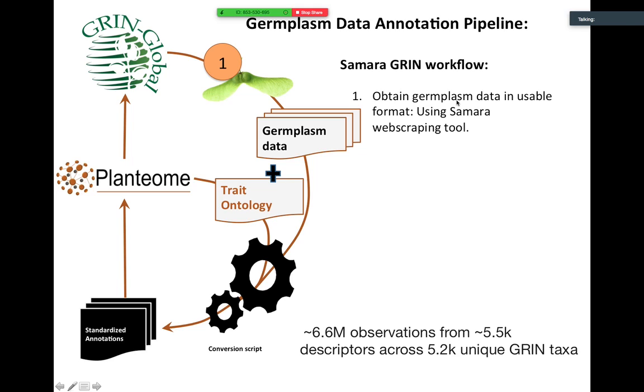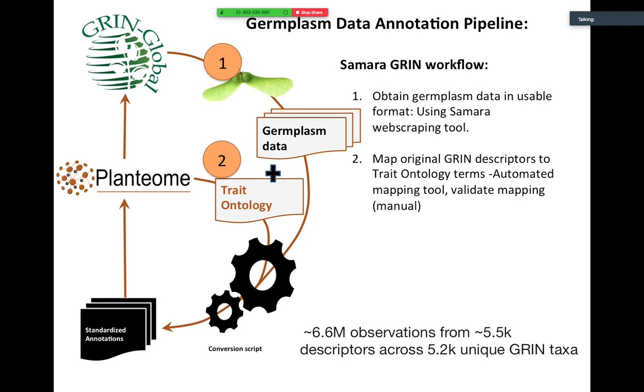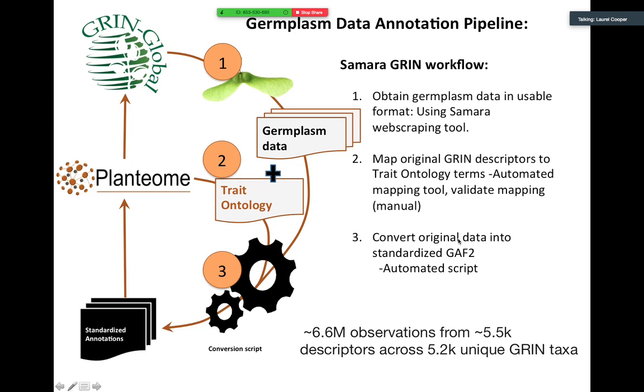So the germplasm data is scraped or collected from the web using the Samara tool, and it's mapped to the descriptors in the trait ontology, which has to be done partially manually, and then that's converted into our GAF2 format to go into our database. And Austin has worked hard at developing some nice scripts for doing this, which is really great.